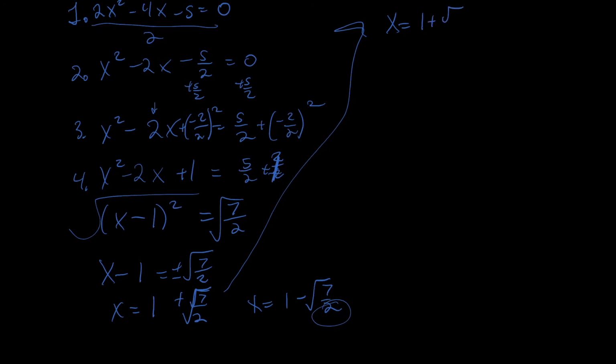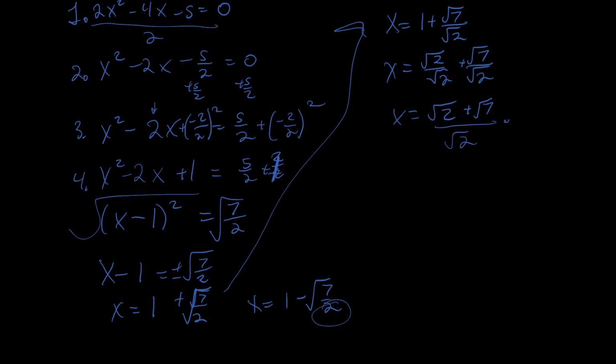So I have x equals 1 plus the square root of 7 over the square root of 2. If I wrote 1 as a fraction, I'd have x equals square root of 2 over square root of 2 plus square root of 7 over the square root of 2. So x equals the square root of 2 plus square root of 7 over the square root of 2. And then in order to get the square root of 2 out of the denominator, I multiply by square root of 2 on the top and bottom.